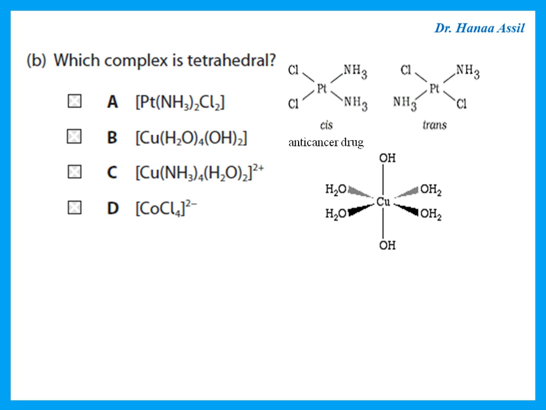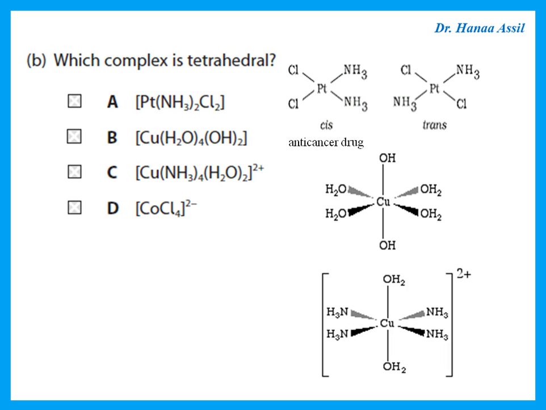Now, when copper bonds with 4 water and 2 OHs, that means we have a total of 6 ligands complex to it. When you have 6 ligands complex to it, this structure is octahedral. The one in C also has 4 ammonia and 2 water, so the copper is complex to 4 molecules of ammonia and 2 molecules of water.